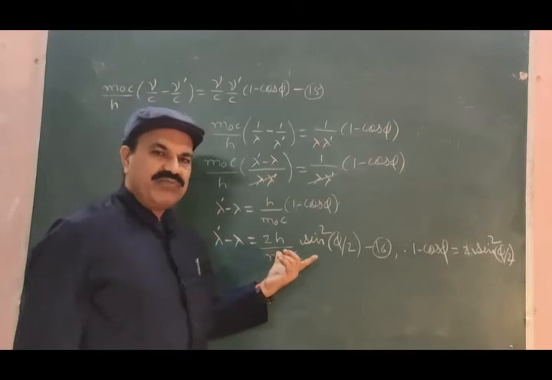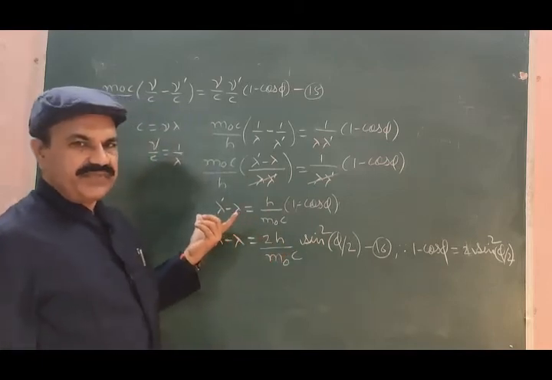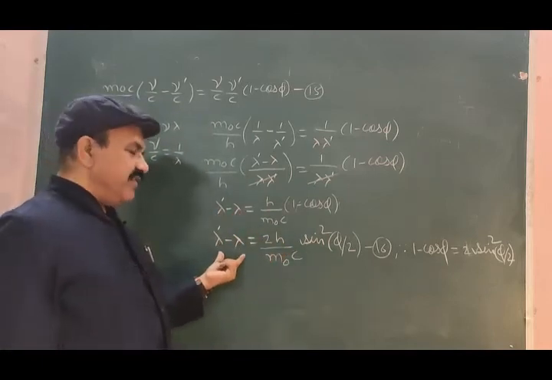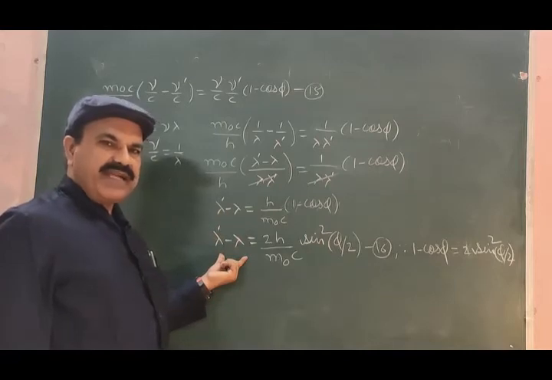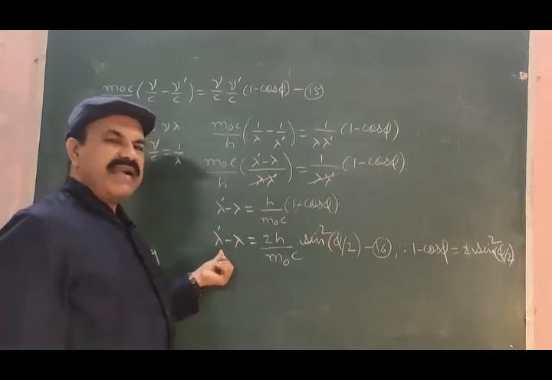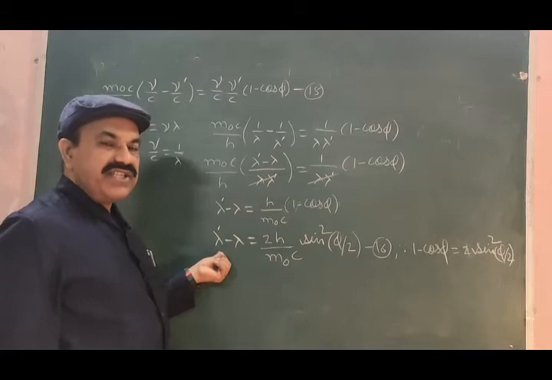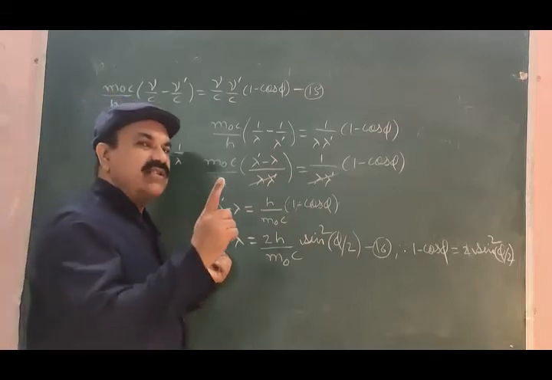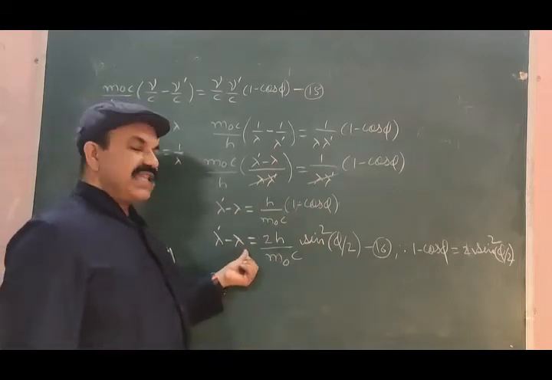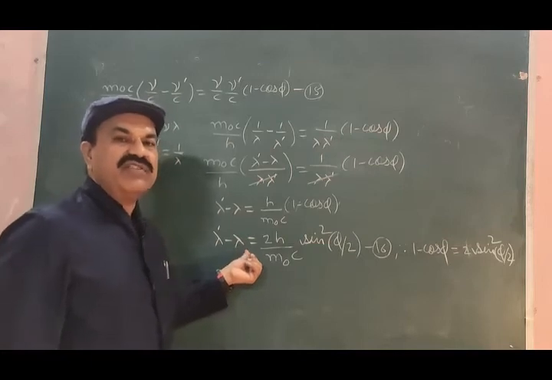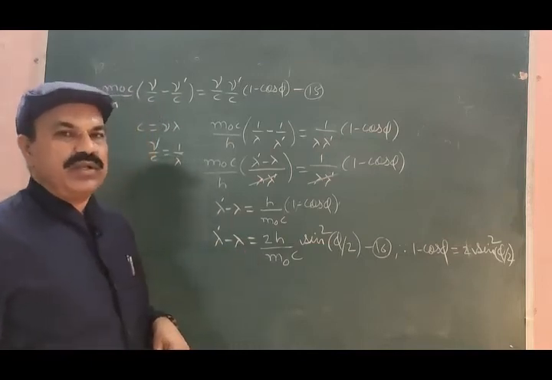Now what does this Compton effect give us? It gives the wavelength difference lambda dash minus lambda. What is lambda dash? Lambda dash is the wavelength of scattered photon. What is lambda? Wavelength of incident photon.